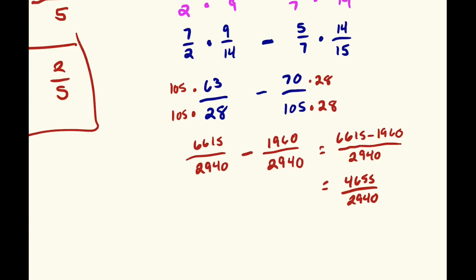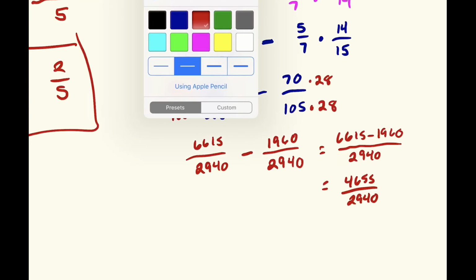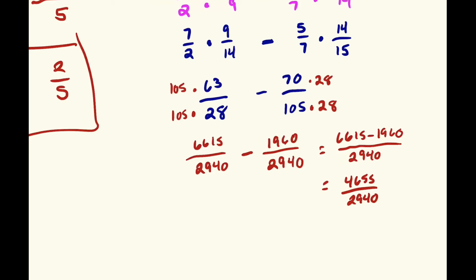So simplifying that, 5 goes into 4,655 931 times. 5 goes into 2,940 588 times. And that might be the end of it.